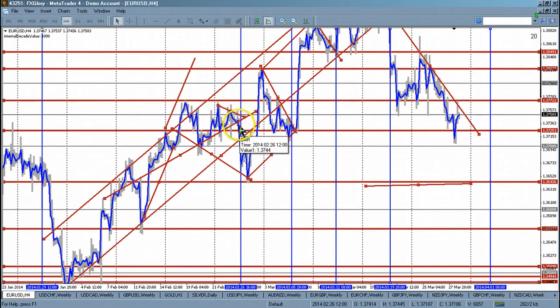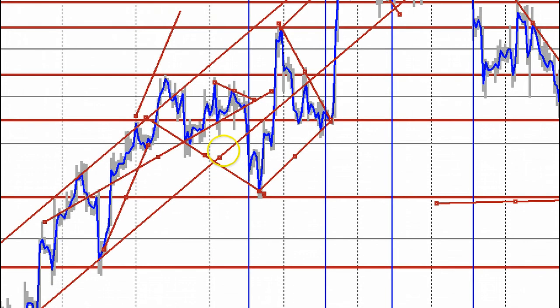These are very low risk, very high reward trades, because the people with stop orders on this one just get taken out like dominoes.